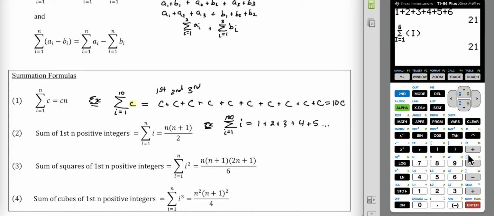So what he did was he took the numbers 1, 2, 3, 4, 5, all the way up to 50, and said, let me go back the other way, 51, 52, 53, 54, all the way up to 100. Notice that each pair of values added to 101.